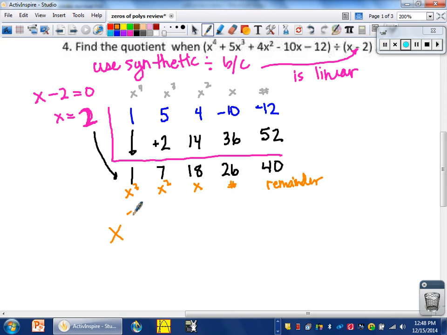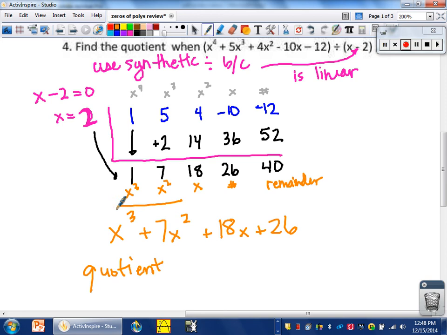So your quotient is x cubed plus 7x squared plus 18x plus 26. Okay, that's the quotient or the polynomial that you get when you divide. Sometimes referred to as q of x. It's crazy, man.